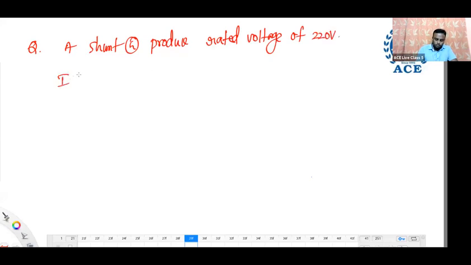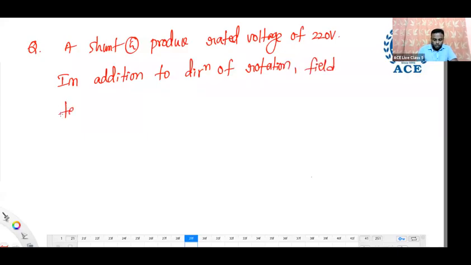If, in addition to direction of rotation, the field terminals are interchanged, then the voltage induced is dash.